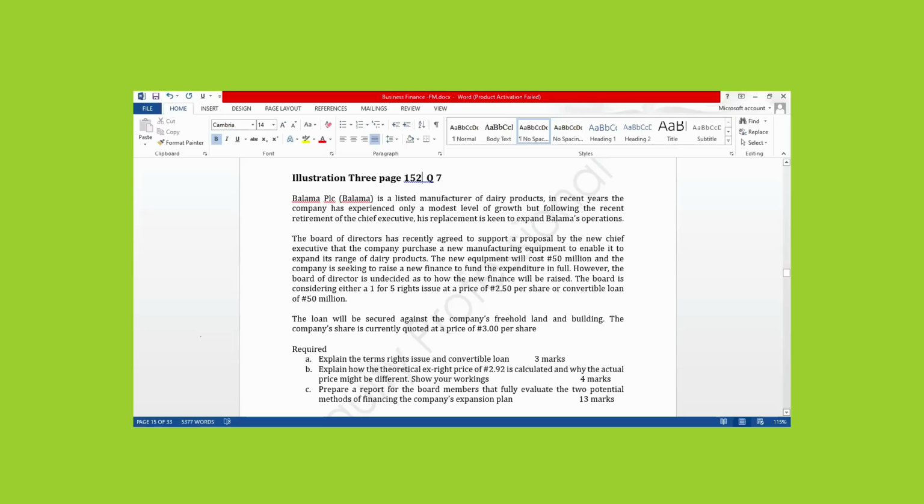It's an equity source of financing. It is used to finance long-term assets.